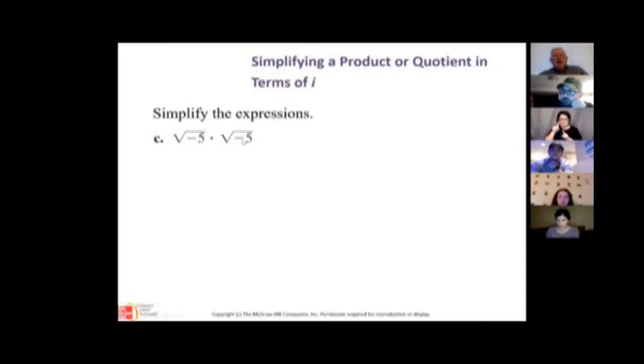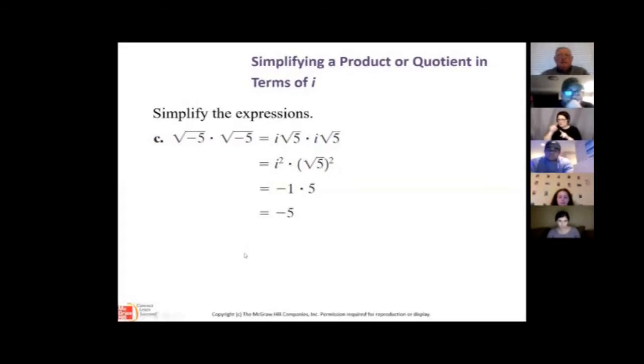Here we've got an i, there we've got an i. If we multiply these two together, we get a 25, or a square root of 5 squared. Whether you call this square root of 25 or square root of 5 squared, it extracts to a 5, and your final answer is -5.